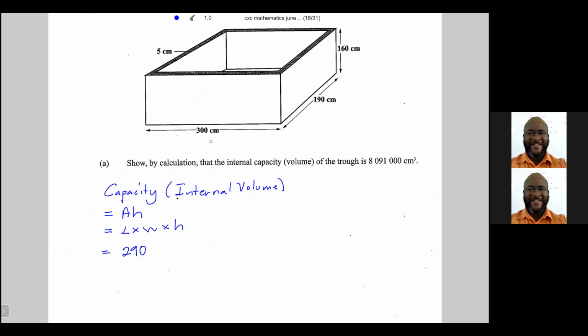So remember, the external length is 300. If you take out 5 centimeters from both sides, 5 plus 5 is 10, 10 from 300 is 290, multiplied by the width. The internal width is 180. Why?